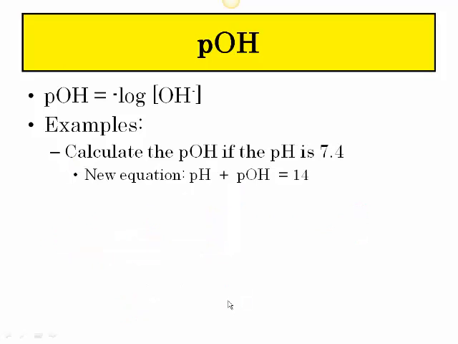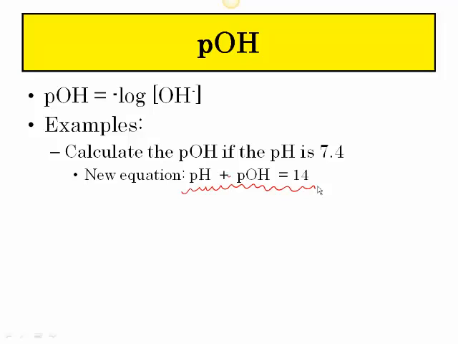The next example is saying, calculate the pOH if the pH is 7.4. Well, this is where a new equation comes into play. The new equation says the pH plus the pOH is 14. So we can determine if a solution is acidic, basic, or neutral, given the pOH, because all you have to do is basically take the pOH and subtract it from 14.